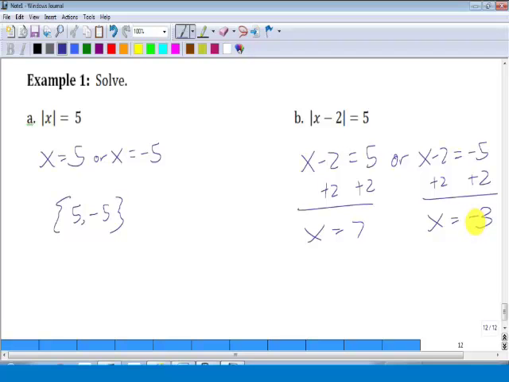So if we have the absolute value of some expression equal to a positive number, the thing to do is acknowledge that the expression could be that positive number, or it could be the opposite of that positive number. So we could very well say x minus 2 equals plus or minus 5 in a case like this.